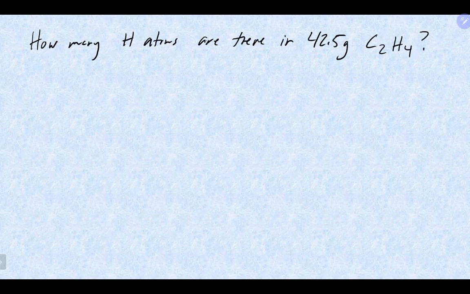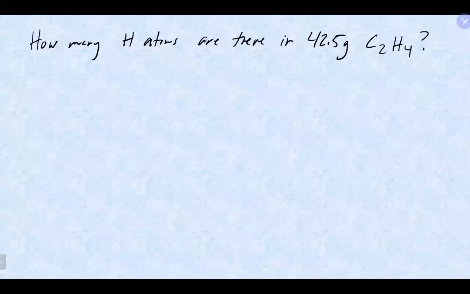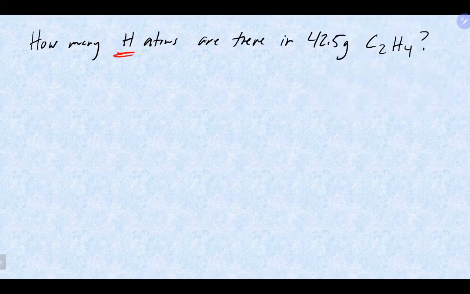If we had a problem like this, we're actually interested in just the hydrogen part. We're not interested in the entire formula. So we need a way to go from the whole thing to just the hydrogen part in this particular example. And we could do that by looking at the formula itself.